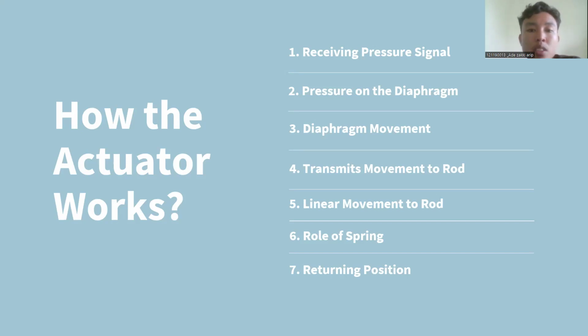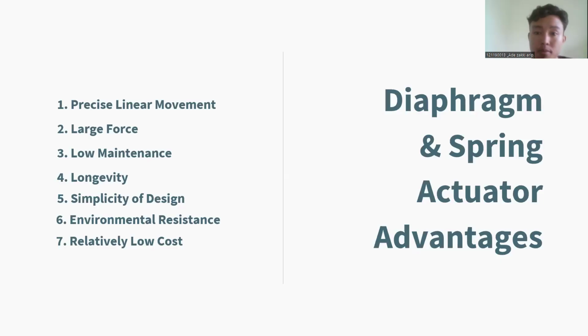Throughout this process, the spring exerts a force opposite to the direction of pressure. And the last is returning position. When air pressure is removed, the spring will pull the diaphragm back to its original position so that the actuator rod also returns to its initial position.